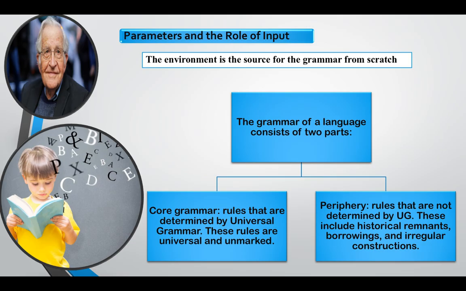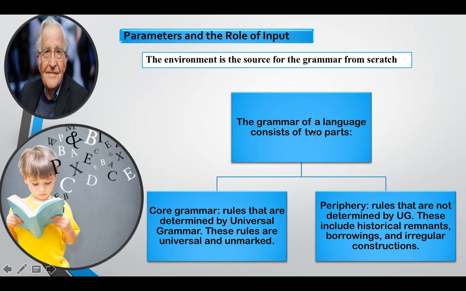So for example, a language may allow or disallow subject omission. The child sets his parameter based on the language they hear. This means that the environment plays an important role, but not by creating grammar from scratch. Rather, the input helps the learner choose among the options already allowed.